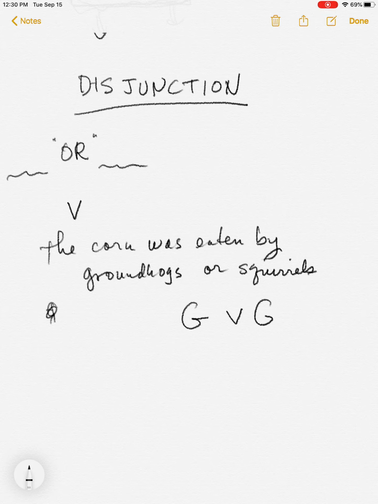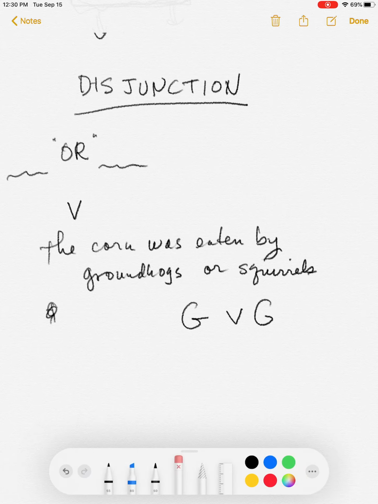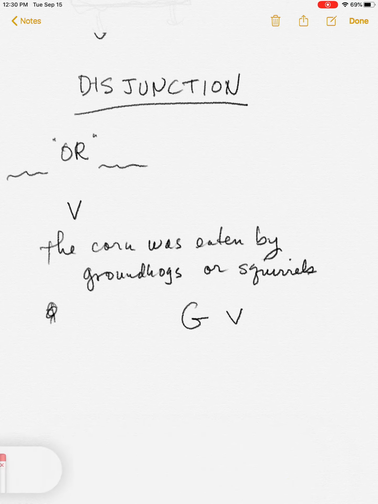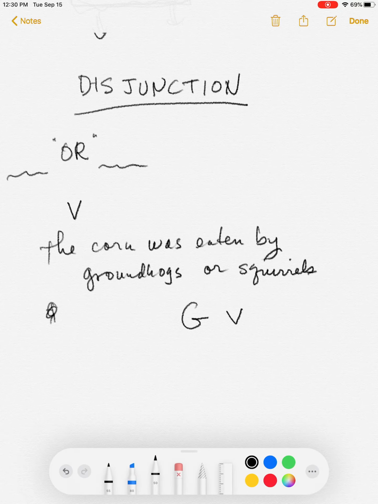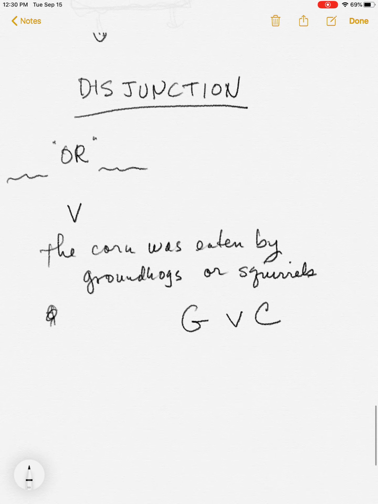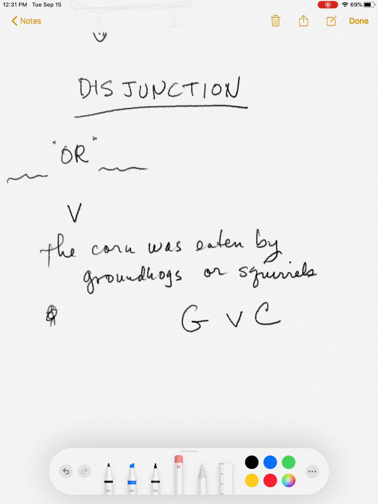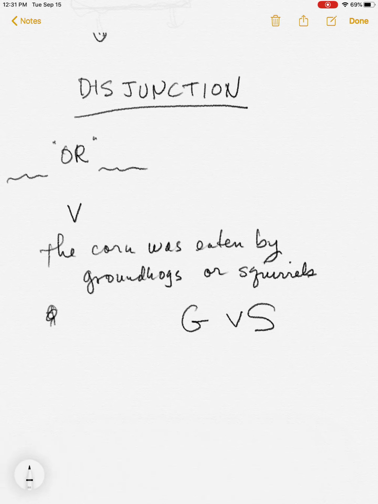translate that into SL in this way. Come back. Right, the groundhogs ate the corn, or what am I doing? Or the squirrels. It's once again, writing and speaking at the same time. Or the squirrels ate the corn, right?